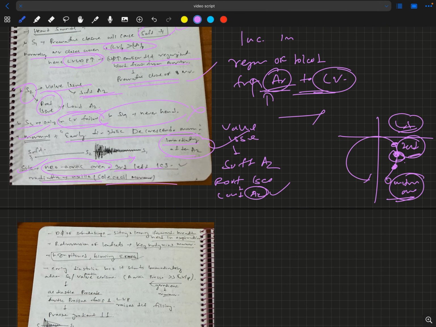This is the left third intercostal space, called the new aortic area. This is the right second intercostal space, the aortic area. In the aortic area we hear the aortic stenosis murmur, but in the new aortic area, left third intercostal space, we hear the early diastolic decrescendo murmur, which is in case of AR.